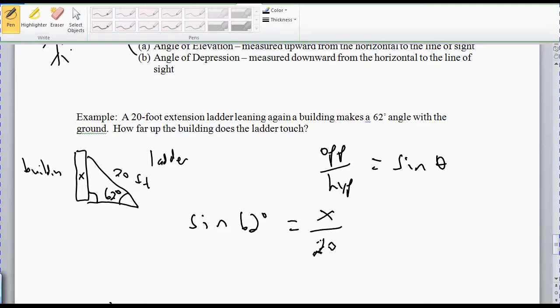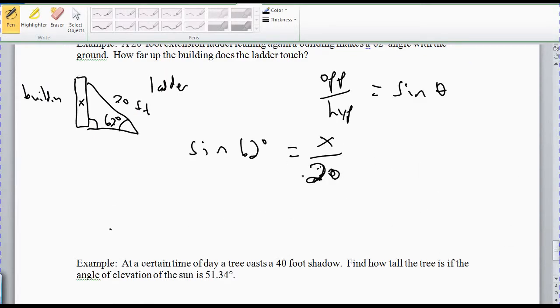And this is the equation we're going to use. Now, to solve this, let me erase that, make it a little bit better to see. To solve this, we're going to solve for x, and to do that, we're going to multiply both sides by the LCD, or the only denominator in this case, which is 20.